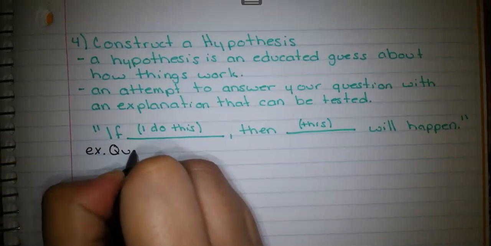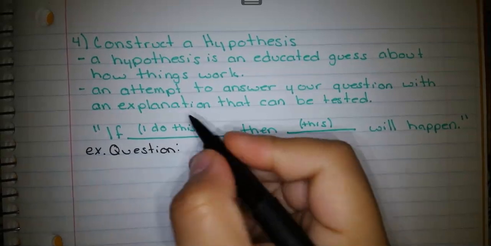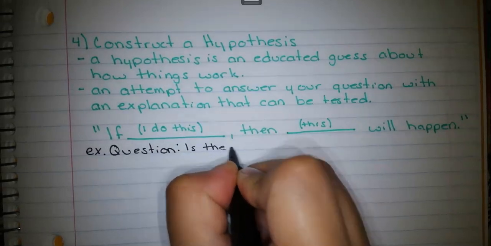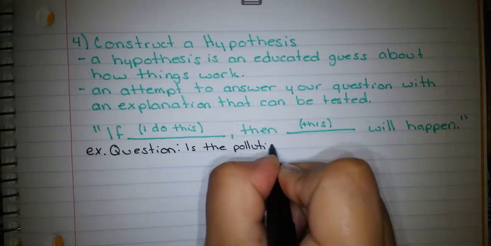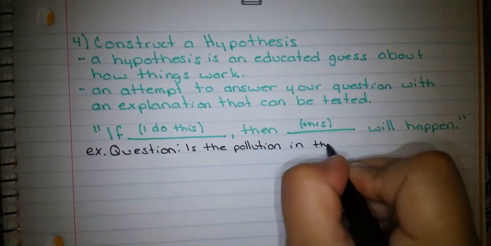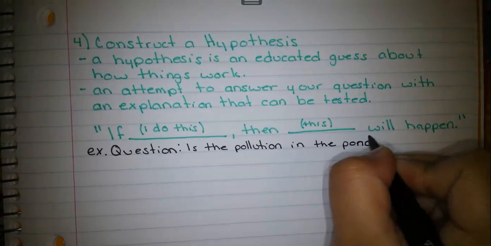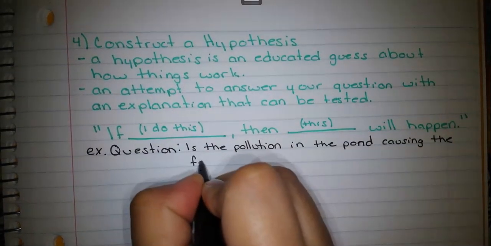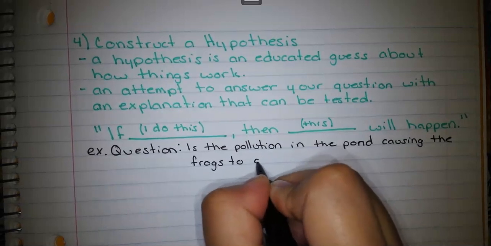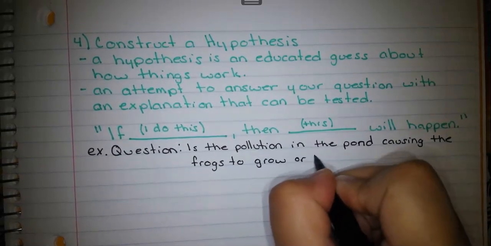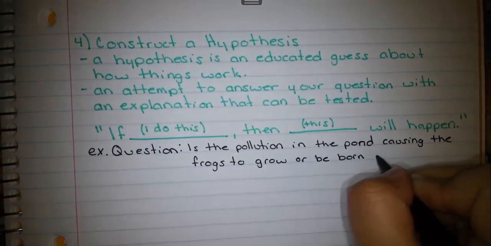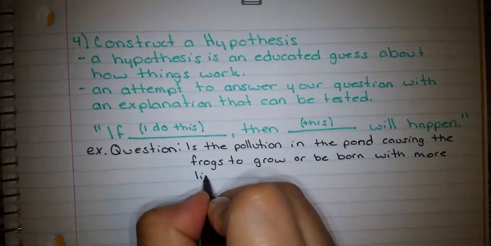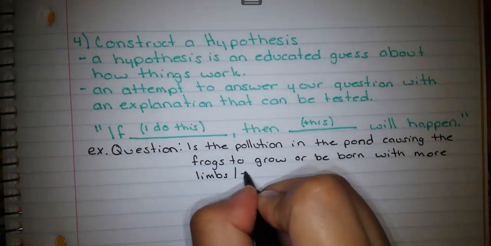My question is, is the pollution in the pond causing the frogs to grow or be born with more limbs or eyes?